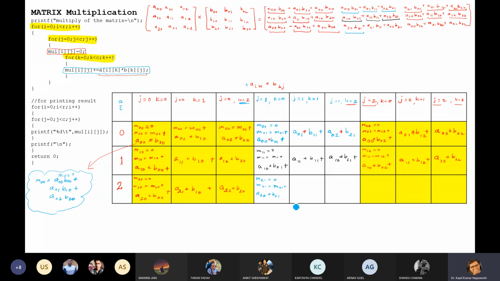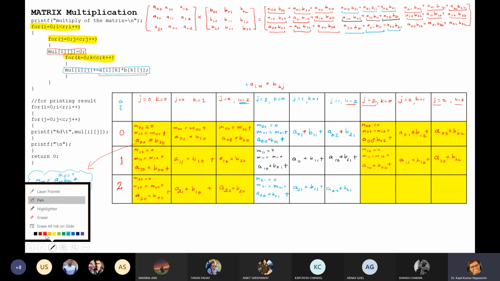So this term we have written, plus a, I is 2, k is 1 multiplied by b, k is 1, j is also 1, plus. So this term we have completed. Then a, I is 2, k is 2 multiplied by b, k is 2, j is 1. So this term we have calculated. Now k is completed, new j will come, j equals 2.